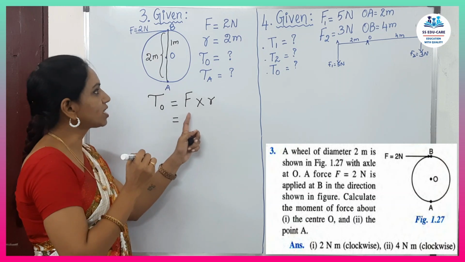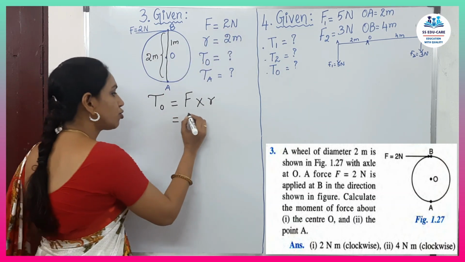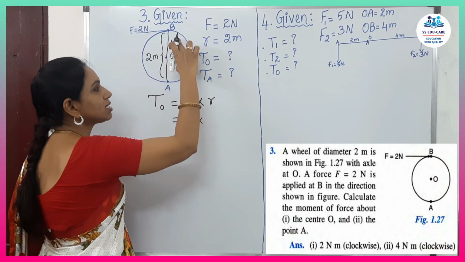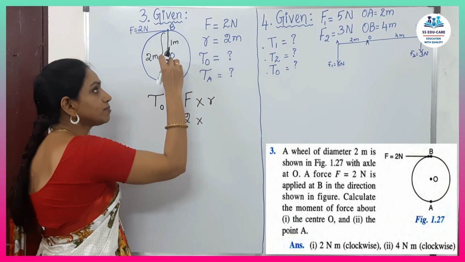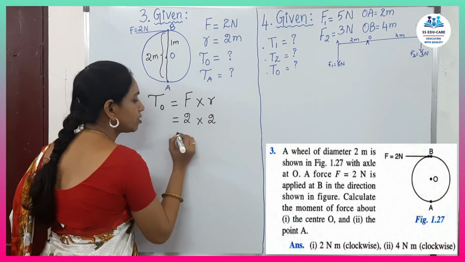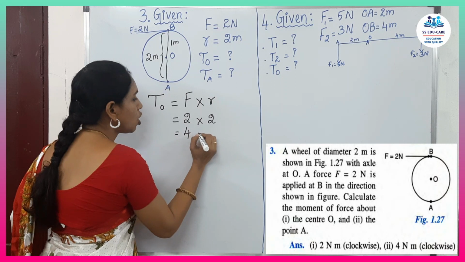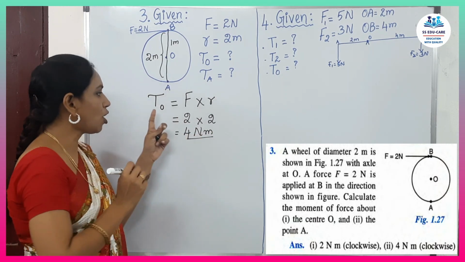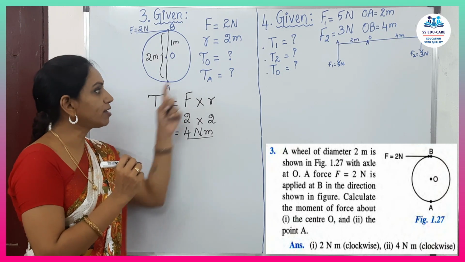What is force mentioned here? 2 Newton into its perpendicular distance at O, which is 1 meter and 1 meter. So totally we have to take 2 meter into consideration. This is equal to 4 Newton meter. This is for moment of force at point O.